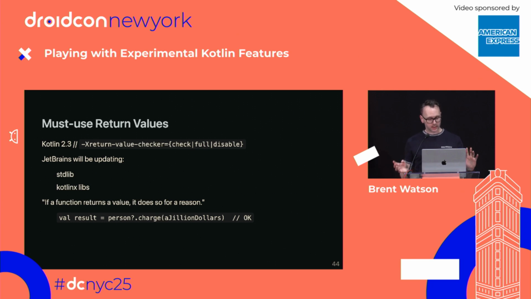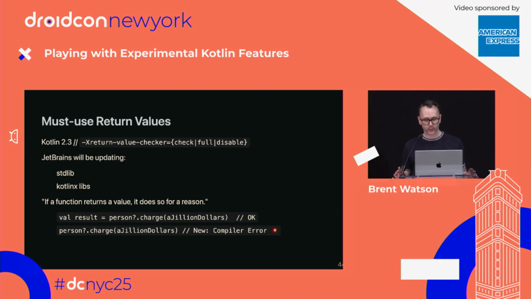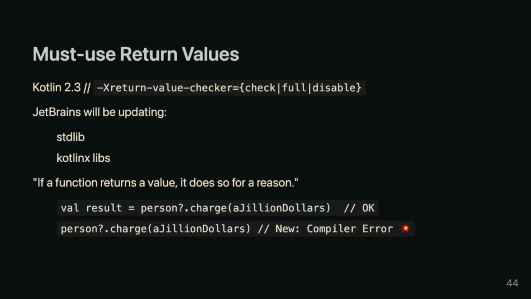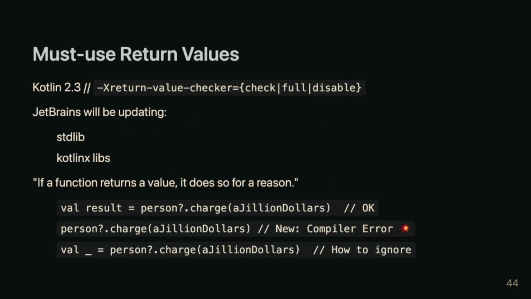But here's the idea. If you call this charge function for this person and you get back a result, this is fine. This is okay. If you do not assign the return value of a function to a variable, we're going to start seeing compilation errors. If you want to explicitly ignore what comes back from a function, you can do this new syntax, val underscore.